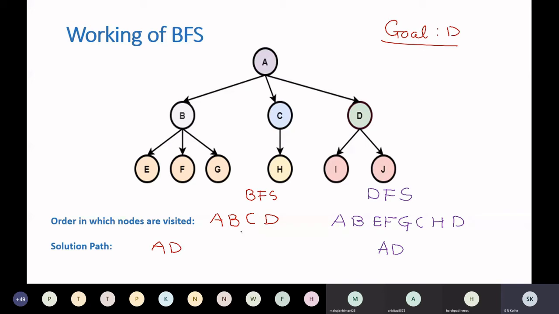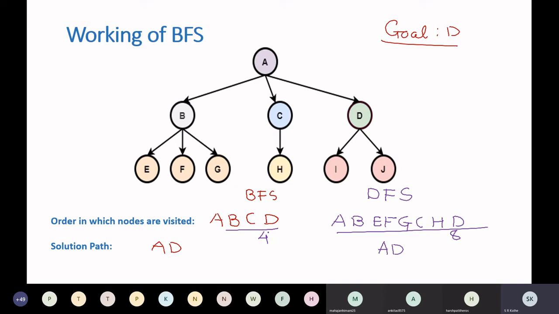In case of BFS, it has visited only 4 nodes. In case of DFS, it has visited 8 nodes, right? If your goal node is node D, then DFS will take more time as compared to BFS. So ultimately it depends upon where your goal node is present.